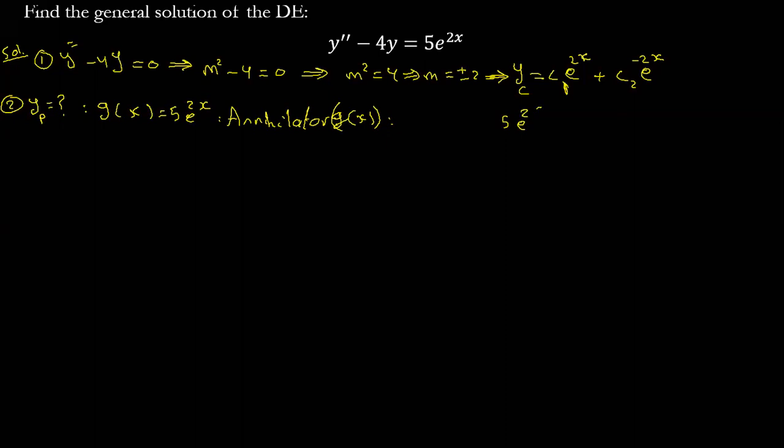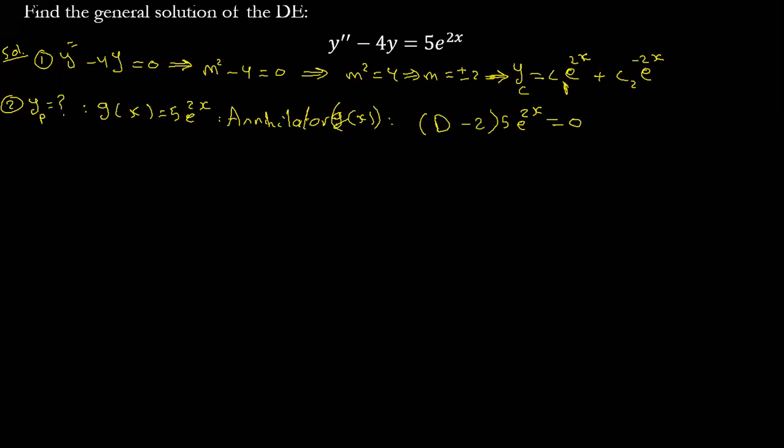Now let me check. Can anyone help to find the annihilator of the function 5e to the 2x? If you want, I can go back to the rules. The annihilator of this function is what? I need to write something here such that I will get 0. What do you think? D minus 2. D minus 2, great.